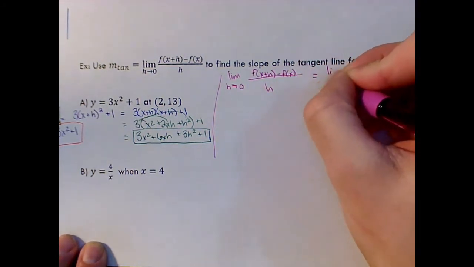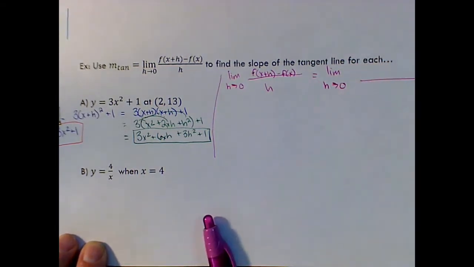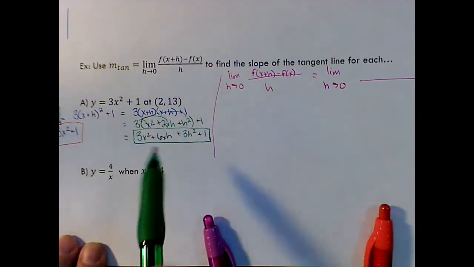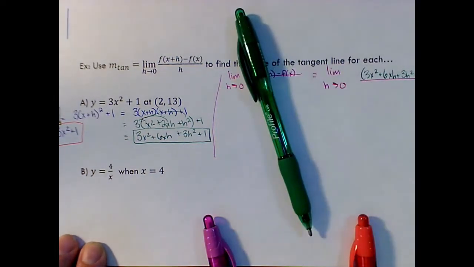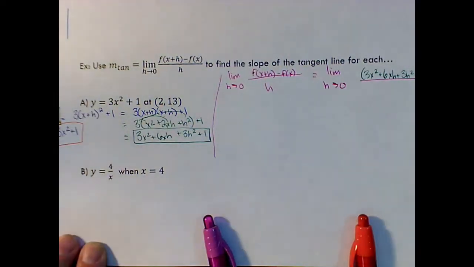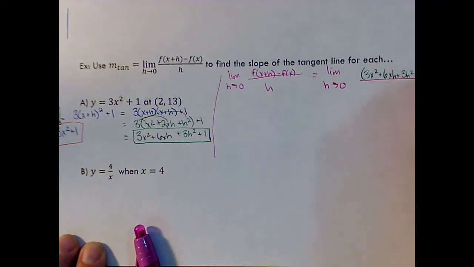The limit as h approaches 0 of f of x plus h, which ended up being for us 3x squared plus 6xh plus 3h squared plus 1, minus 3x squared plus 1.